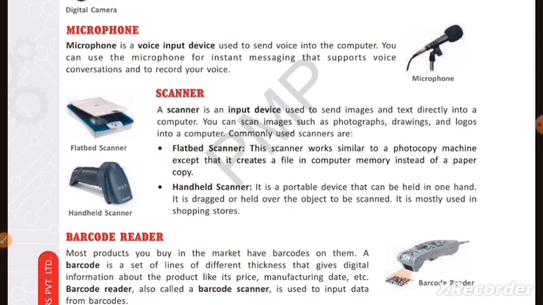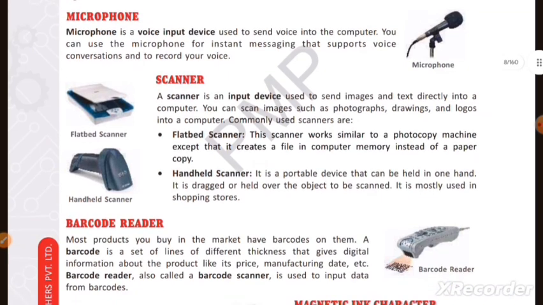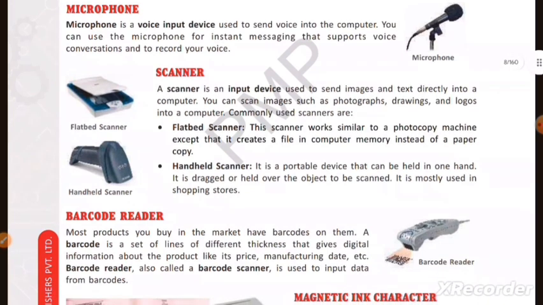Commonly used scanners are flatbed scanners and handheld scanners. Flatbed scanner. This scanner works similar to a photocopy machine, except that it creates a file in computer memory instead of a paper copy.